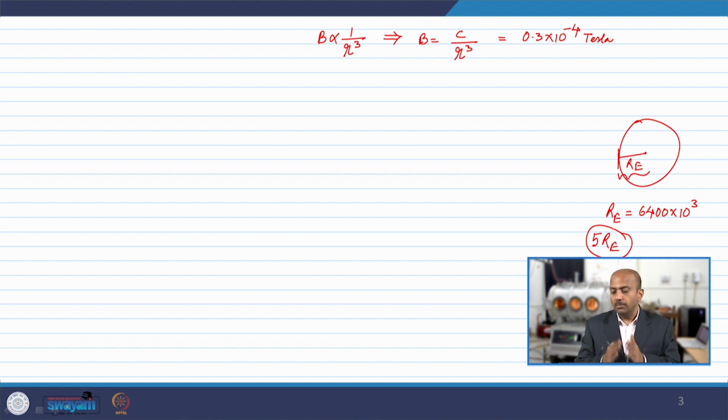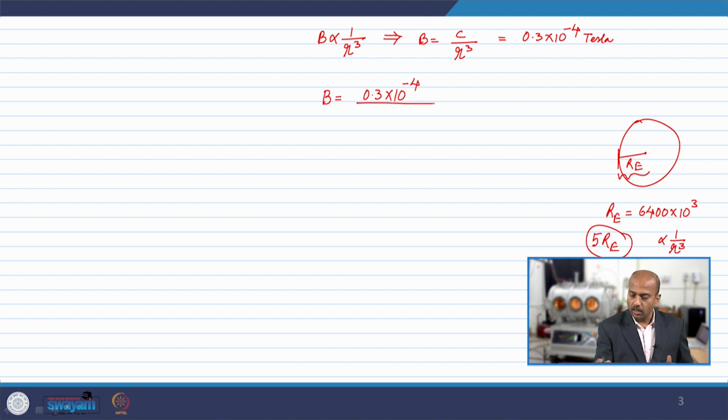Assuming that the magnetic field will not decay linearly, it will decay with a factor of 1 by r cube. So, now we use 0.3 × 10⁻⁴ divided by the distance r, measured in units of Re, cubed.